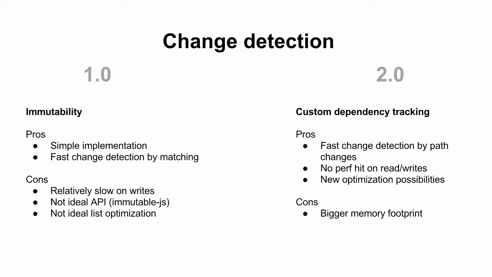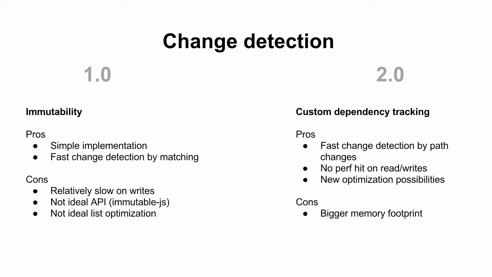So if I, for example, change an item in an array, only the component depending on that specific item will re-render. It won't bubble up the changes and make other components re-render as well. We can decide in more detail what should render and not render, which is important sometimes when you have huge lists.